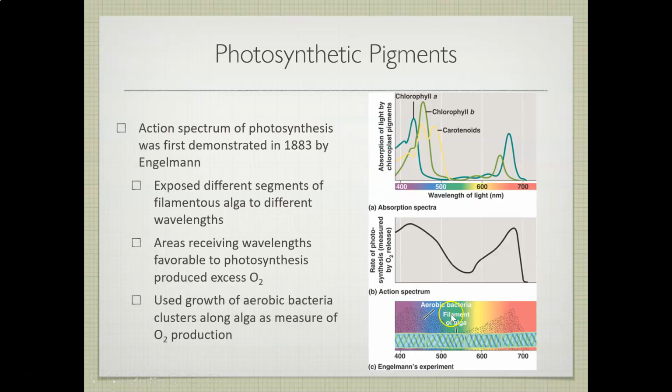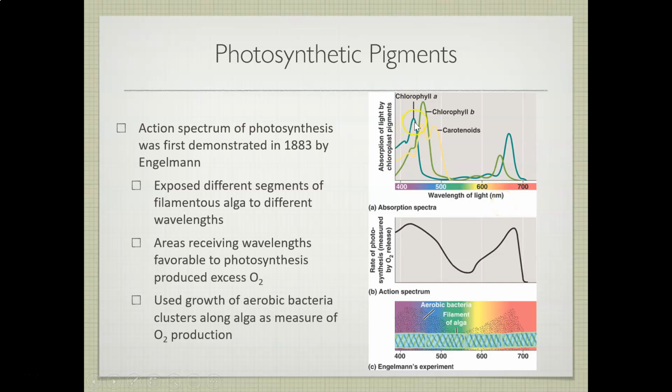So here's the thing. While I'm on this topic, I said that these action spectra and these absorption spectra don't line up perfectly, right? And the reason for that is because your plants don't have just a single pigment. Most plants will have two different forms of chlorophyll, A and B, as well as these accessory carotenoids. And this allows the plant to sort of broaden out the amount of energy that it's taking in and using for photosynthesis.